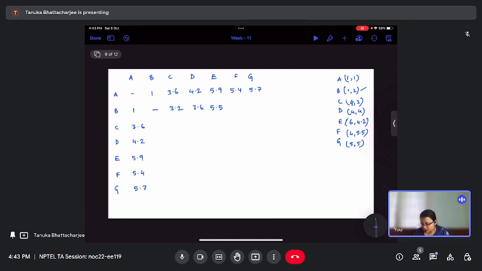Now the next one will be 4.6. The last one will be 5. This will be the same in the second column.